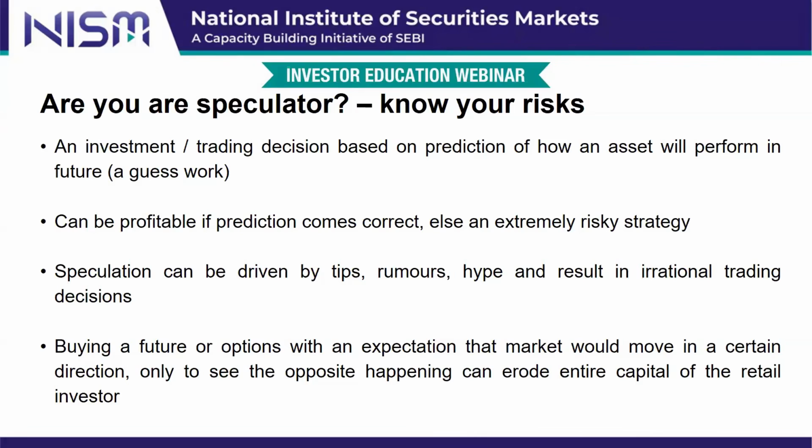So the retail guys, I don't know exactly, but my feeling is most of them could be just speculating in the market. And speculating means what? It is just my guesswork that today the markets will go high or today the markets will fall. So I buy a call or I buy a put, or sell a call, sell a put. I am doing just that. I'm taking a decision based on my understanding of the prevalent market situation, whether it will move up or down.